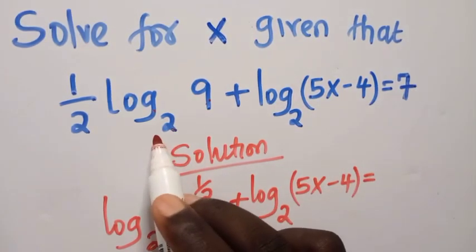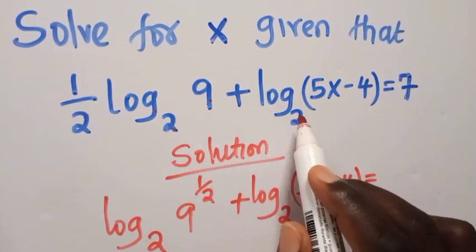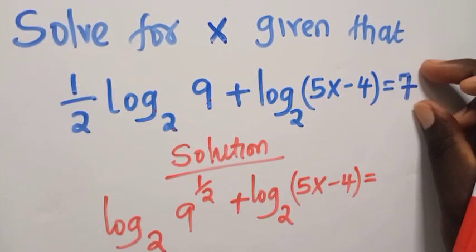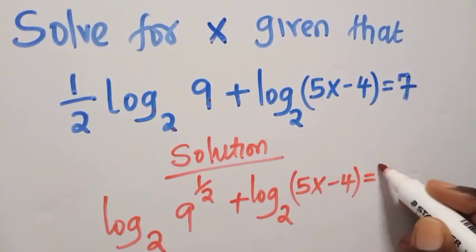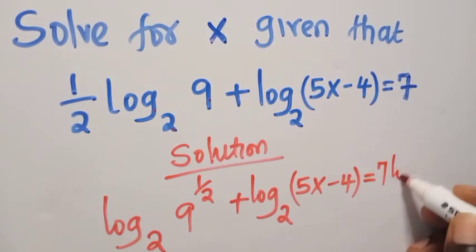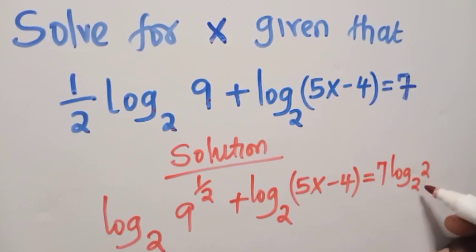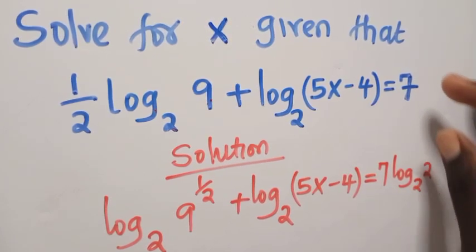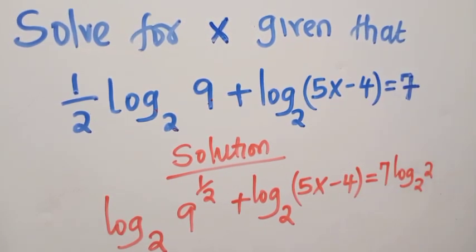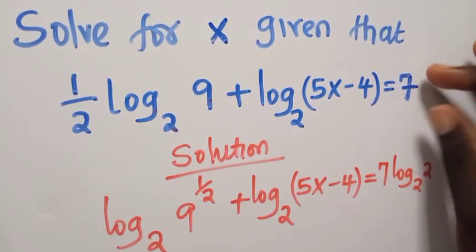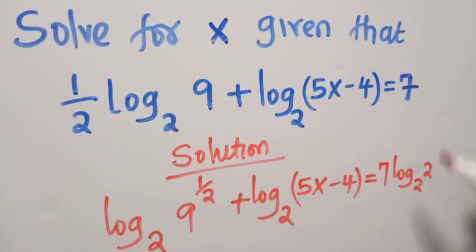And these are logarithms that are to base 2, and therefore we can introduce a logarithm to base 2 on this side. That is, we can write 7 log 2 base 2. Log 2 base 2 is 1, and therefore I have not changed anything here. I have only applied the laws of logarithms to introduce a logarithm to base 2 here.